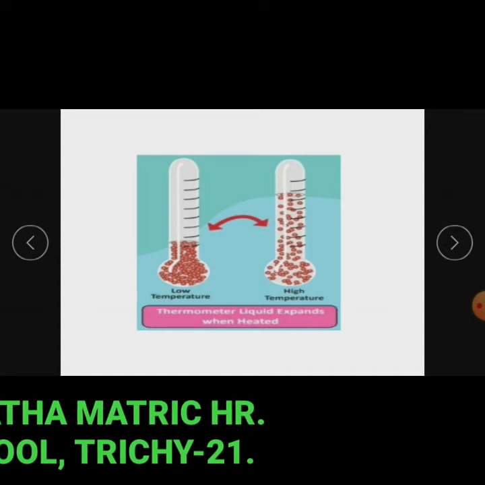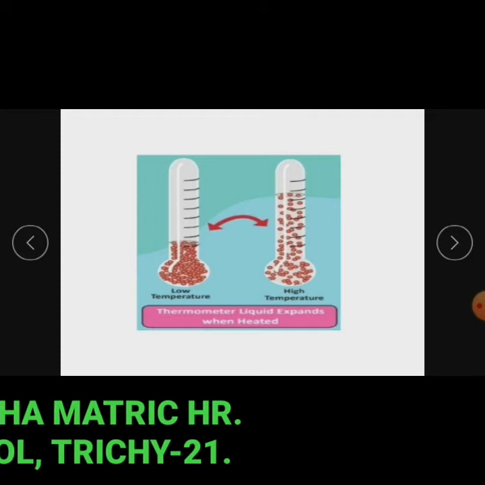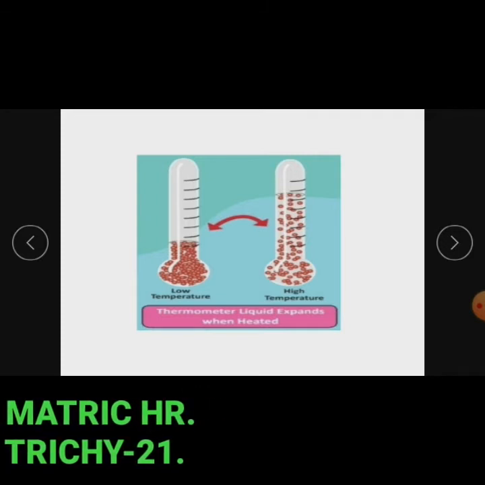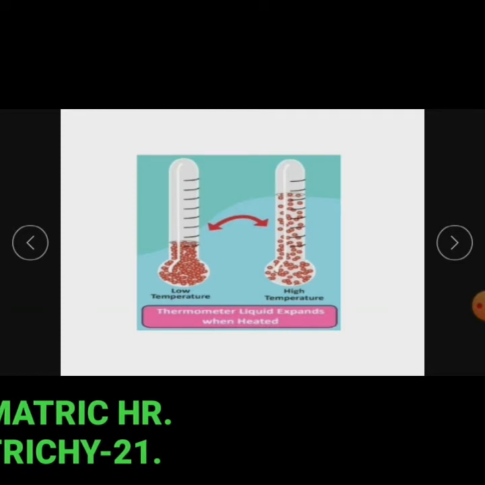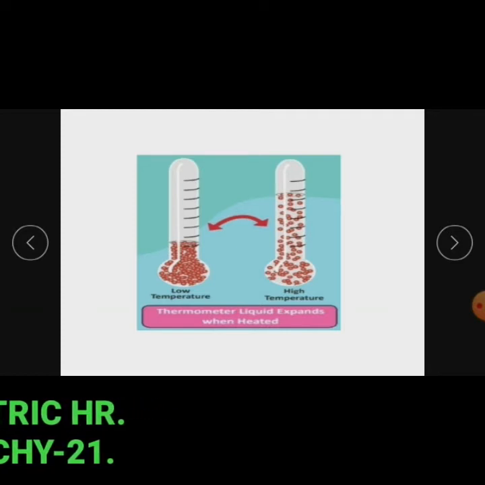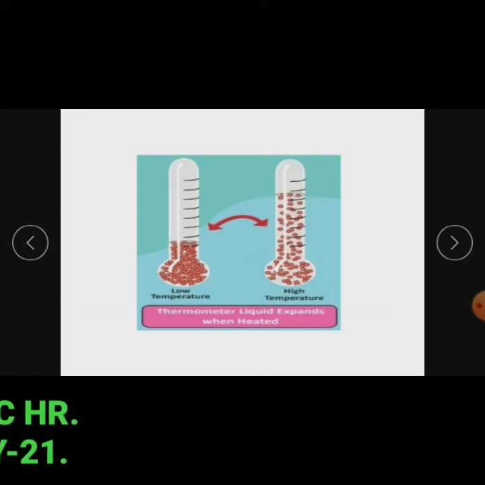A clinical thermometer has a small temperature range. The glass will crack or burst due to the excessive pressure created by expansion of mercury. In this figure, the mercury expanding at high temperature is shown here.